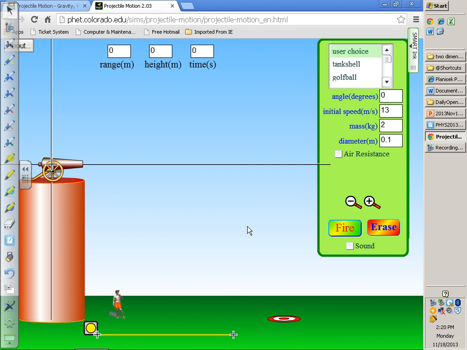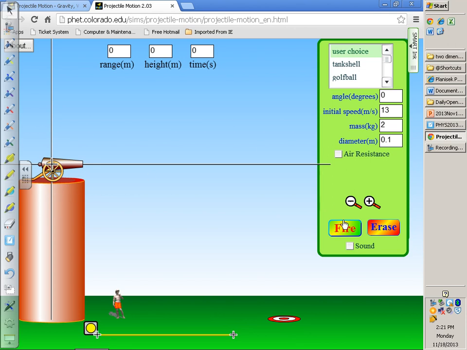All right. So, up on the board is a simulator that allows us to take a look at the different aspects of projectile motion. Last week when we first started talking about projectile motion, we started with something like this, where this cannon is up on top of a ledge, with the angle of the cannon set at 0 degrees, meaning it's right along the x-axis of the frame of reference we set up.